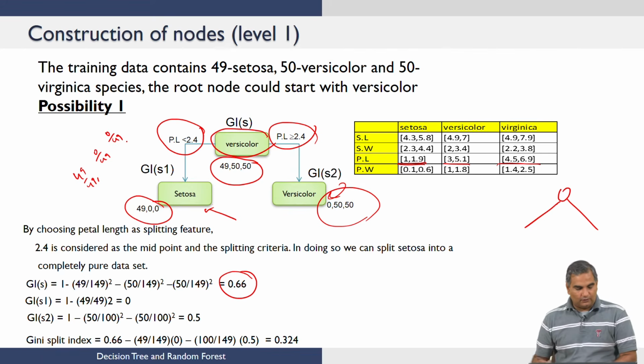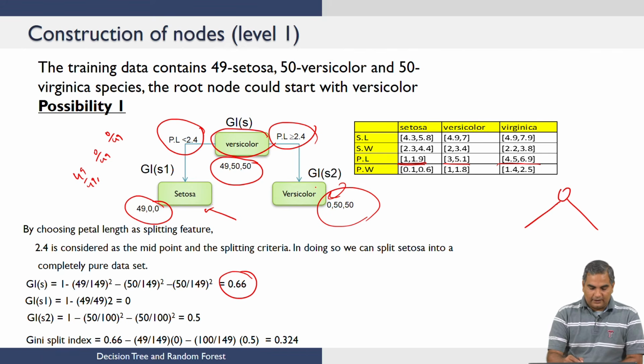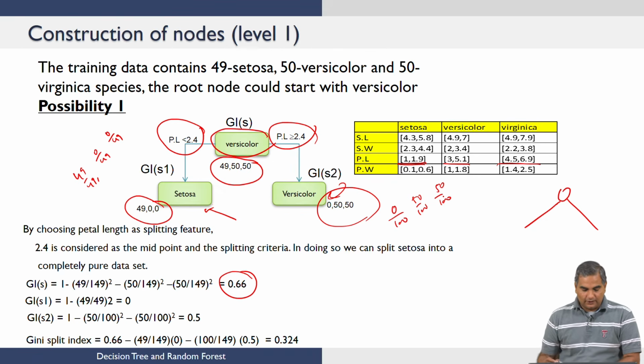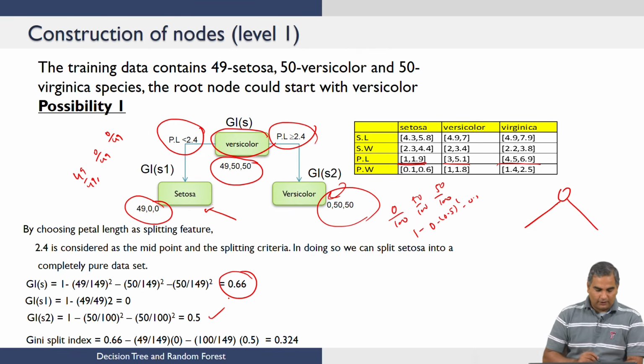And for this node, you will get 0 by 100, 50 by 100 and 50 by 100 as the three fractions. So I will have 1 minus 0 minus 0.5 squared minus 0.5 squared, which is 0.5. So I have a Gini impurity for each of these three nodes.